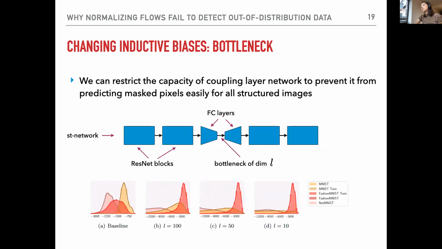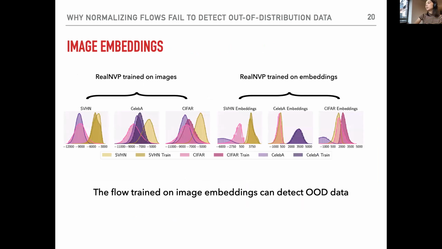But the image embeddings are just vector tabular data that somehow summarizes the information about the image. And the network that was used for feature extraction here was the network pre-trained on ImageNet.